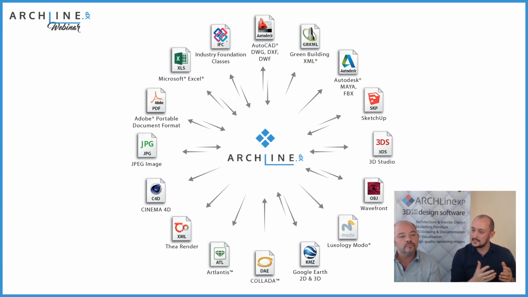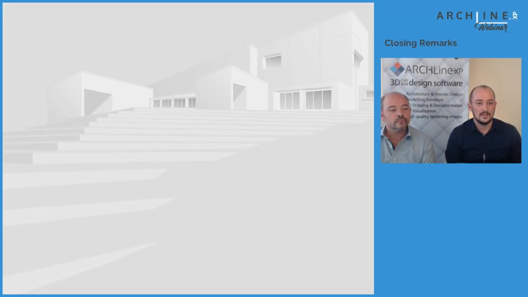That's how ARCHLine communicates with the rest of the world, in and out. That's how you can import a model. So I think that's it, mostly about the documentation and this IFC export and import.